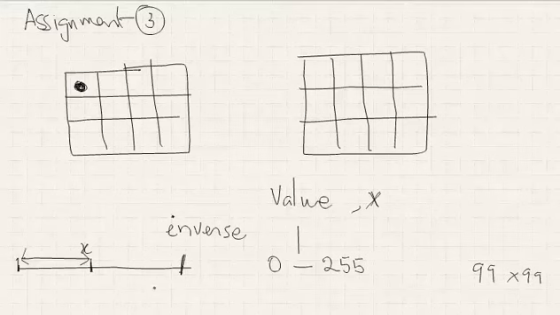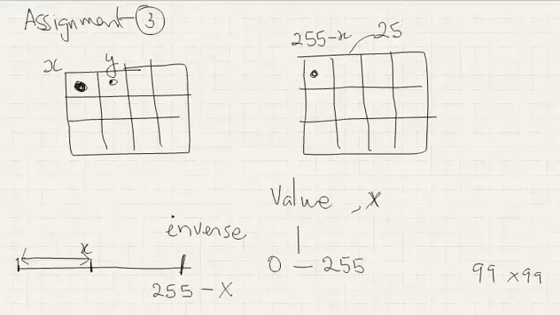That means 255 minus x. I want you to go in here. If this is x, I want you to write 255 minus x. If this is y, I want you to write 255 minus y.